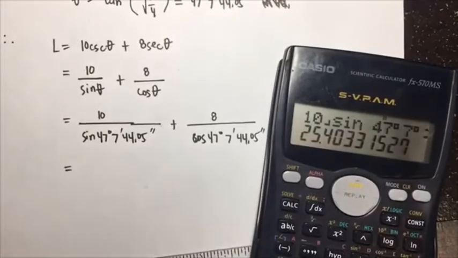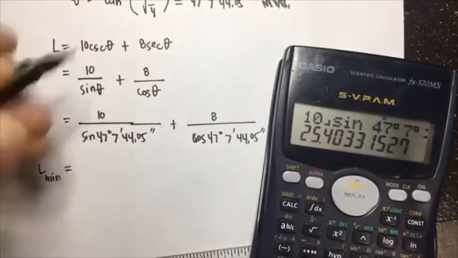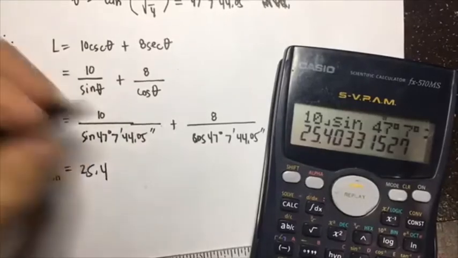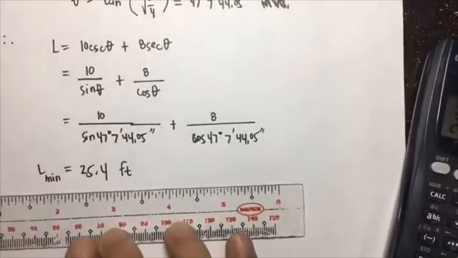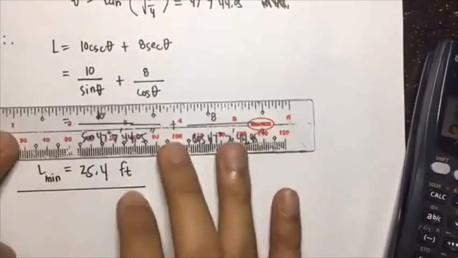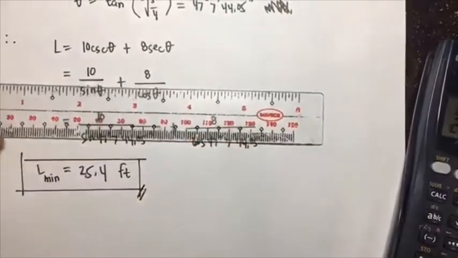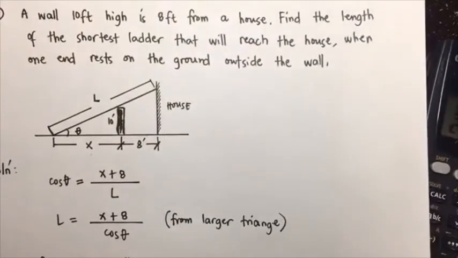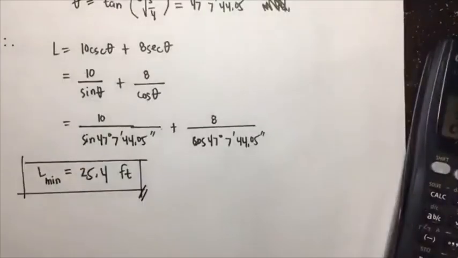So we'll have 25.4. What was the unit? That was in feet. Okay? So that's how you use the trigonometric functions in maxima and minima problem solving. Okay, so that's it.